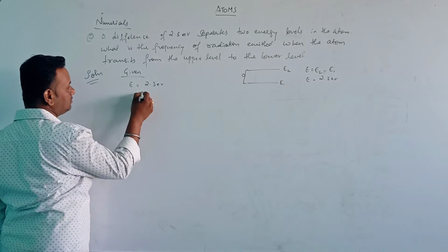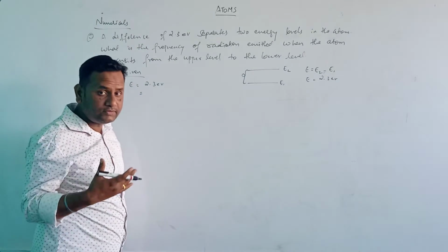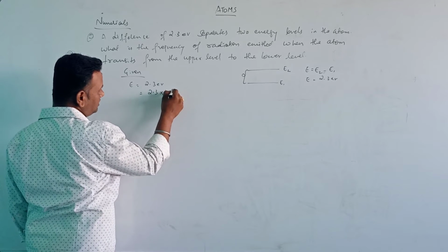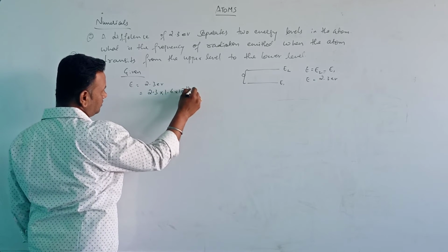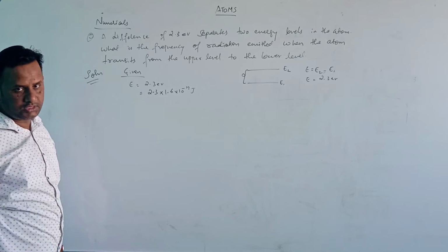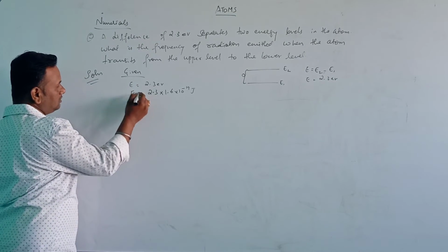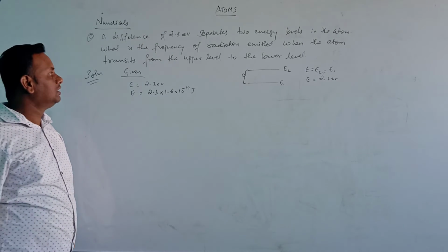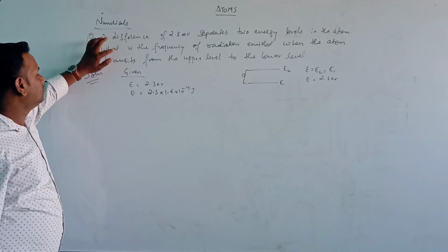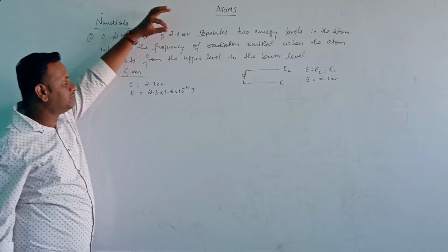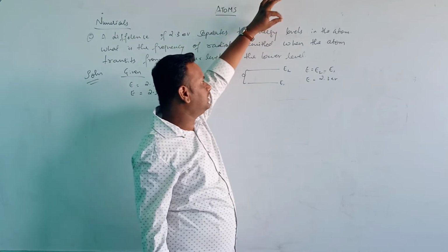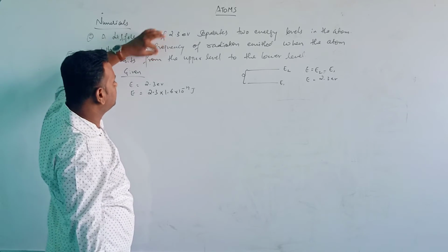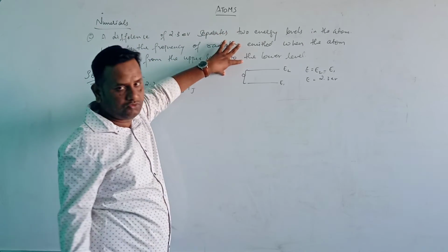So that means if you write in terms of joules, then 2.3 into 1.6 into 10 to the power of minus 19 joule. Okay. So this is the energy given. So we need to calculate the frequency. हमें ये पता करना है frequency of the radiation emitted when the atom transits from the upper level to the lower.